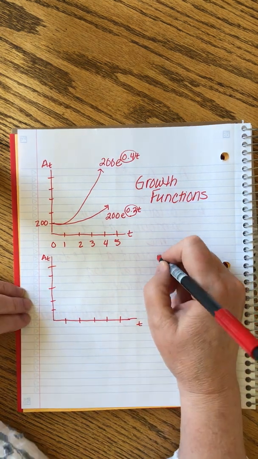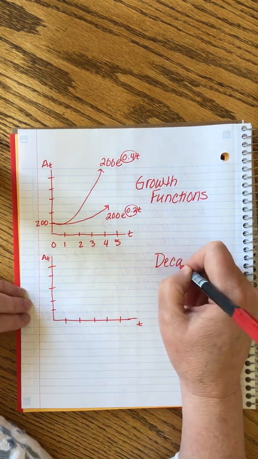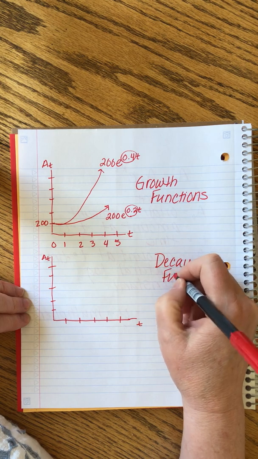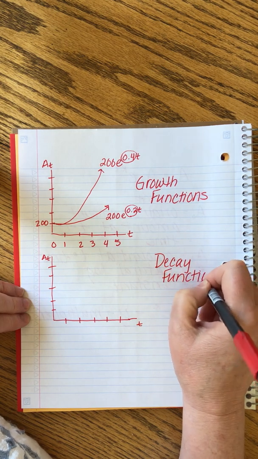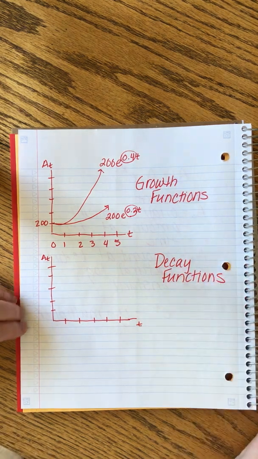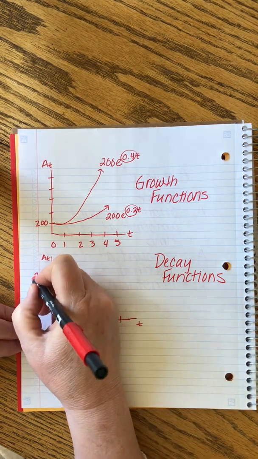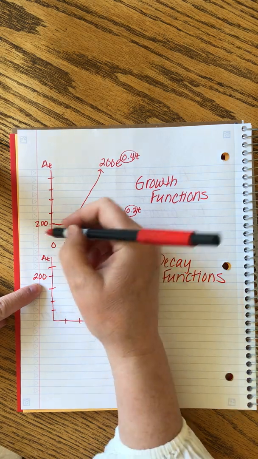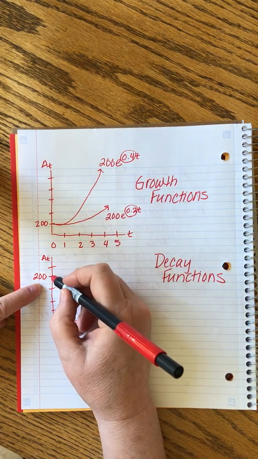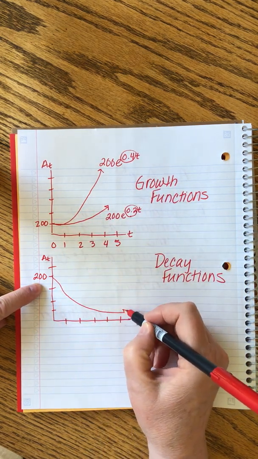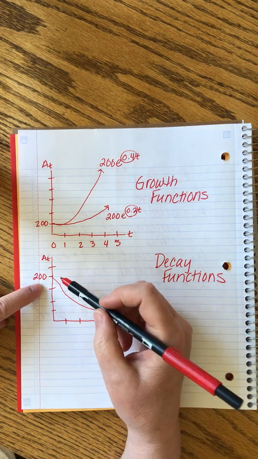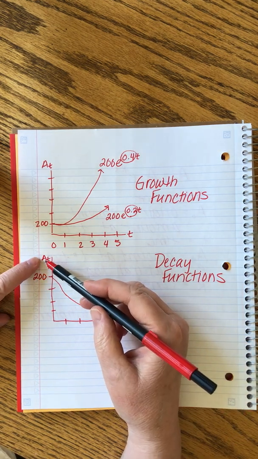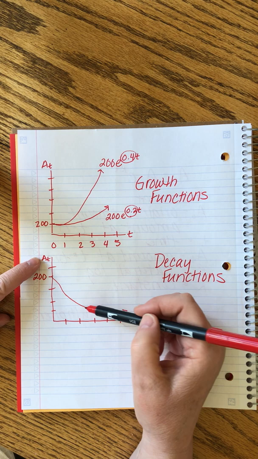Now we're going to do what are called decay functions. Sounds like something the dentist would be interested in. In these, we're going to have the same number, but really that's just coincidence. Instead of going up, the amount of material that we have, whatever it is that we're measuring, is actually decreasing.